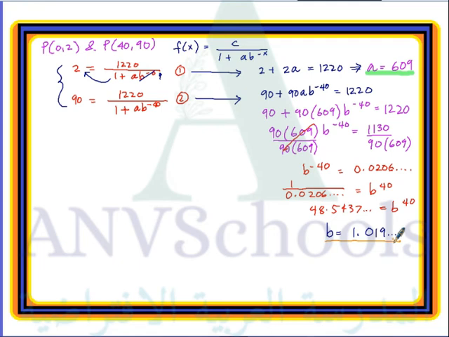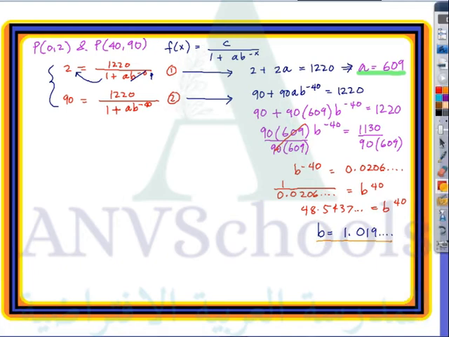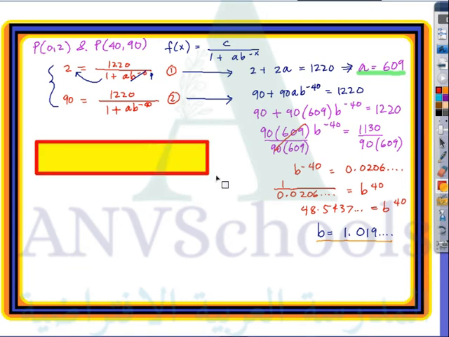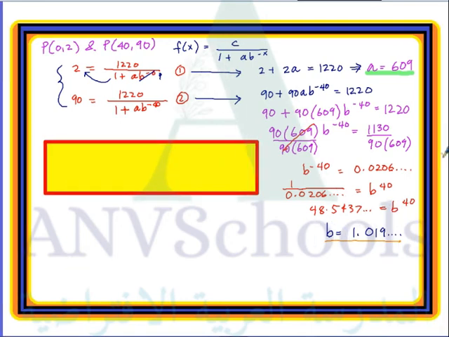Okay, so we could now rewrite our equation. So our equation is actually f of x is equal to the logistic function 1220 over 1 plus our a is 609, and then our b is 1.019 raised to negative x.